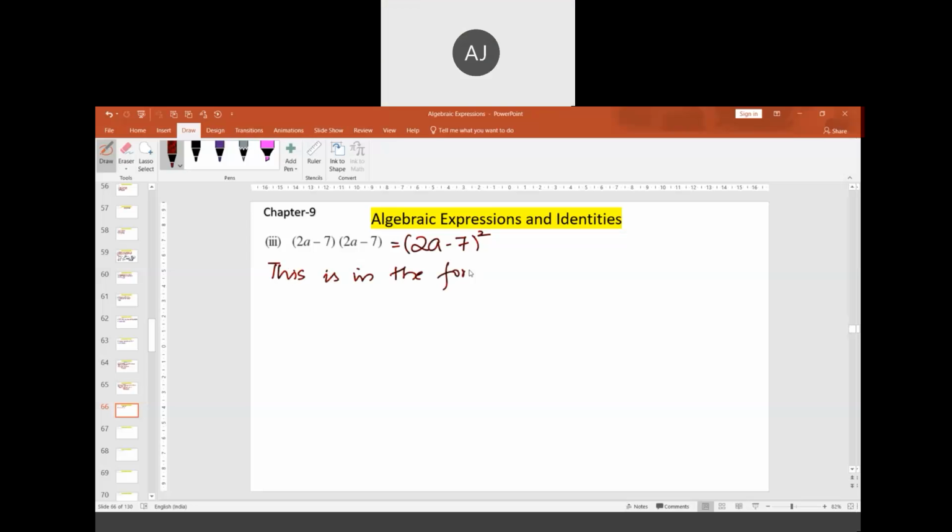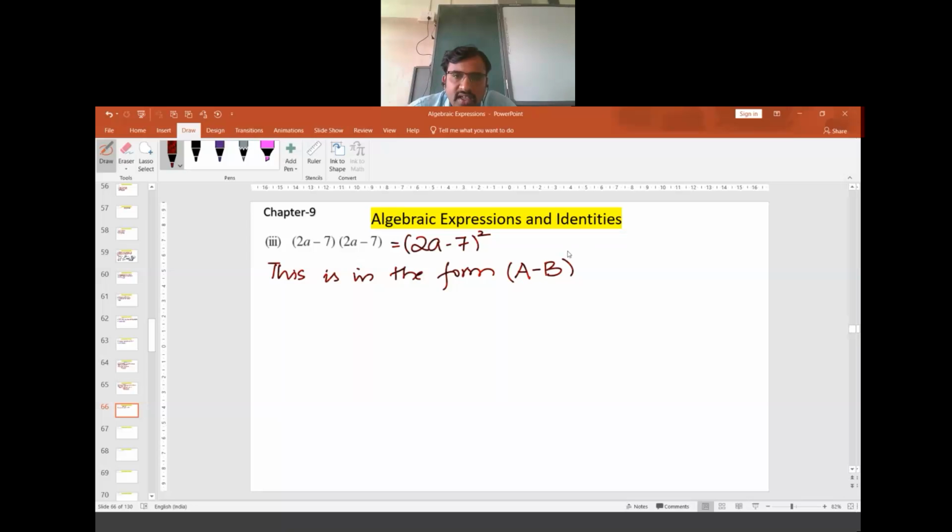Since a is used here, I can take any other letter for writing the identity. I can take capital A minus capital B whole square, which is A square plus B square minus 2AB.